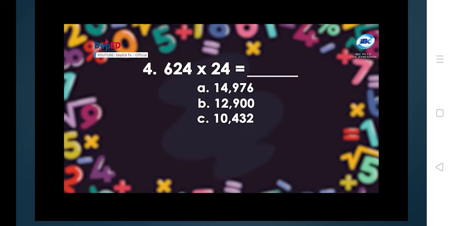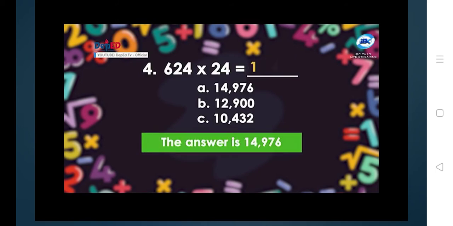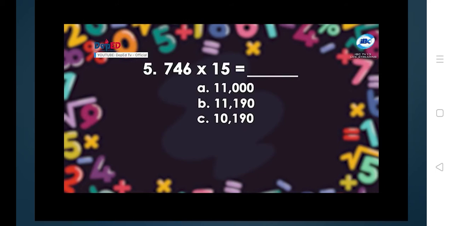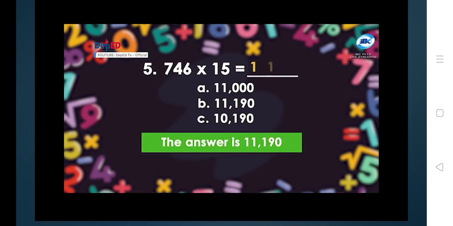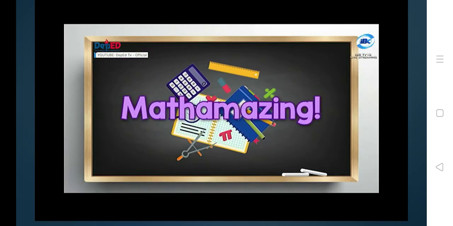Number 4. Letter A, 14,976. And number 5, letter B, 11,190. Math amazing!